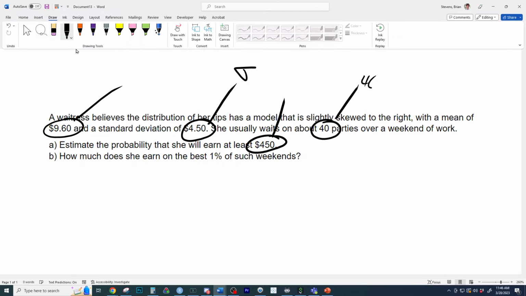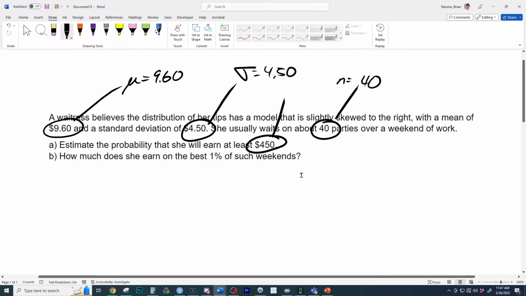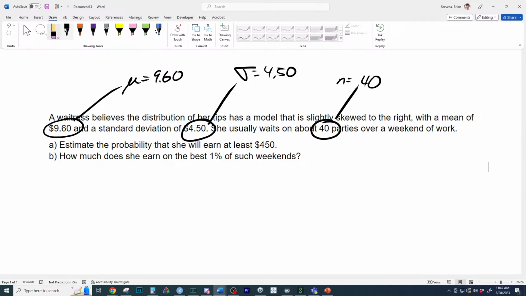Yep. What else? And this one, the 450 would be... why'd I put sum of y?